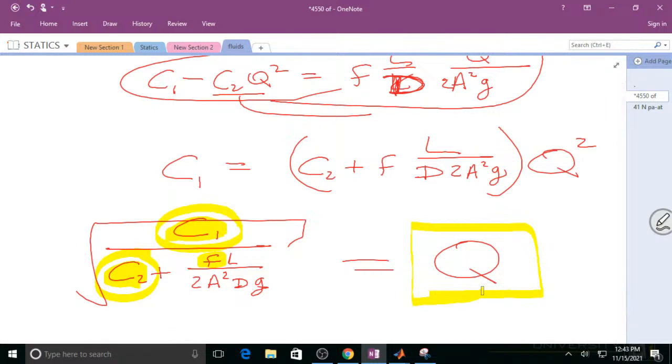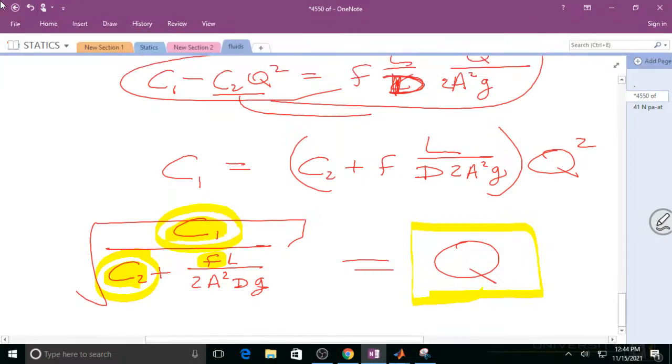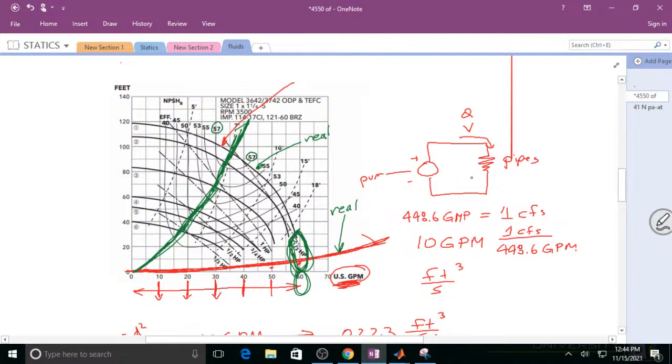So this is very confusing, but I hope this made sense. In essence, all you're doing in these is this. You're taking the diagram, and then you're putting the system curve on it.